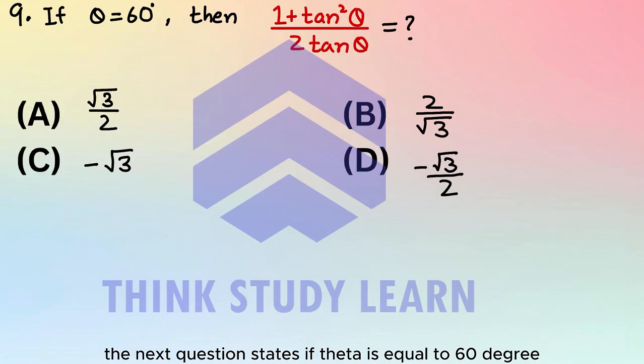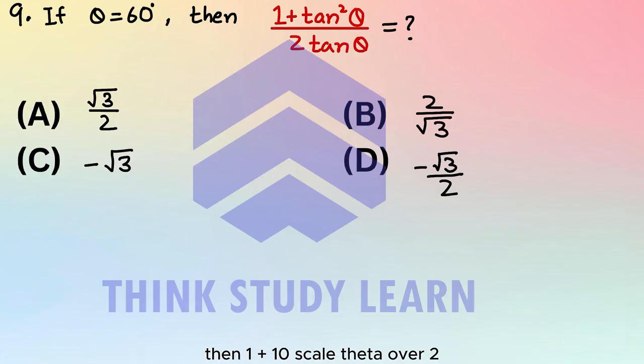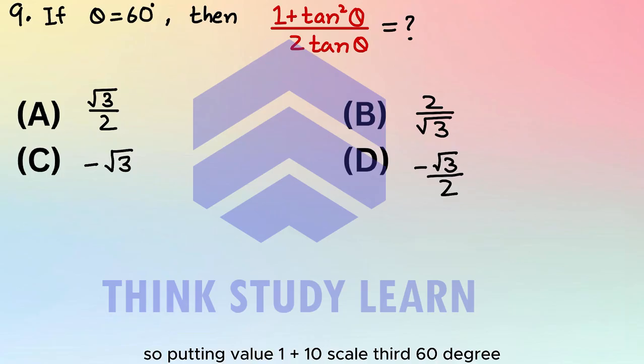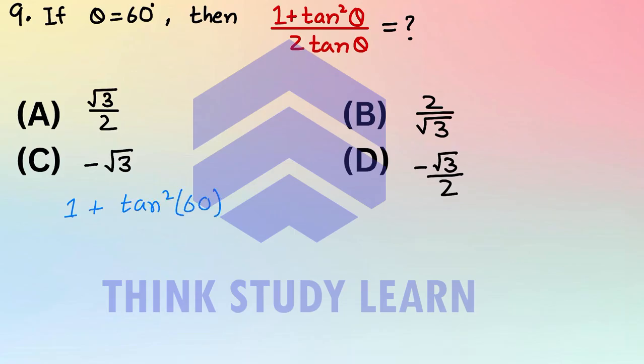The next question states if theta is equal to 60 degree, then 1 plus tan square theta over 2 tan theta is equal to what? So we have to simply put theta in the equation given to us. So putting value 1 plus tan square 60 degree over 2 tan 60.